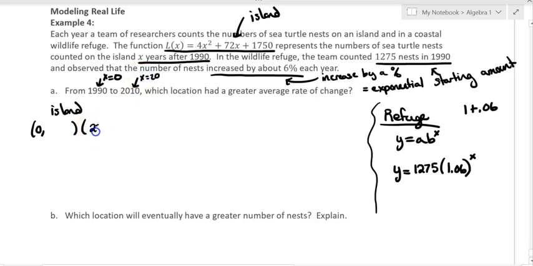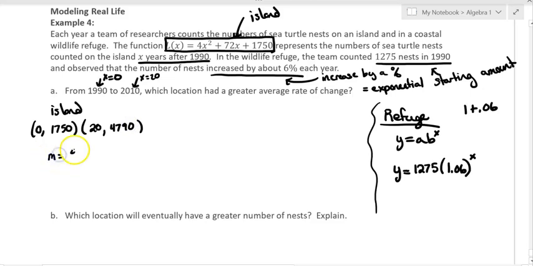So we're going to plug in 20 for x. So I'm going to use my calculator and go into this equation for the island and plug in 0, and I get 1,750. And then I'm going to plug in 20. I'm going to plug it in for x on the x squared and on the x right here. Okay, when I plug in 20, I get 4,790.